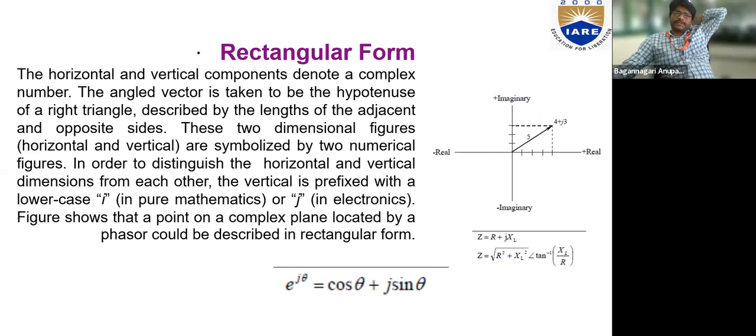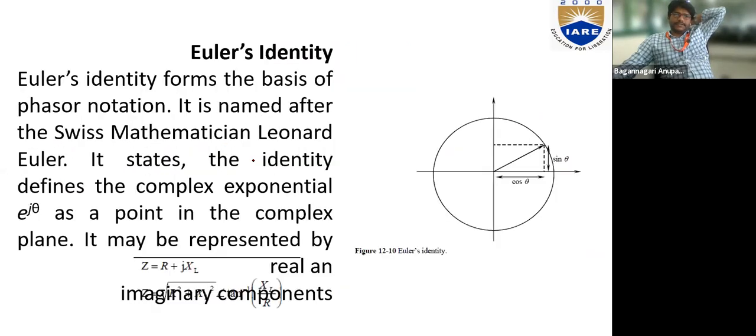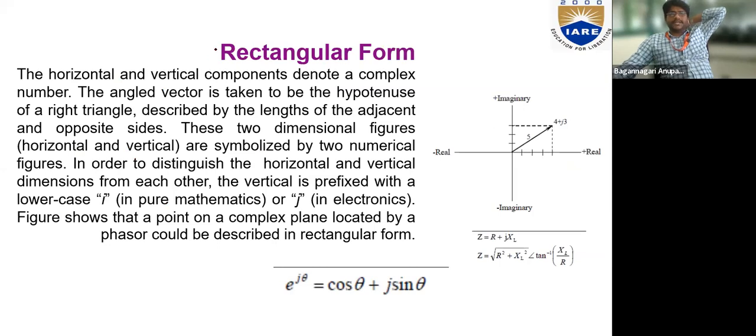The second type of representation is the rectangular form. What do you mean by rectangular form? Assume axes just like this, real and imaginary axes, right?